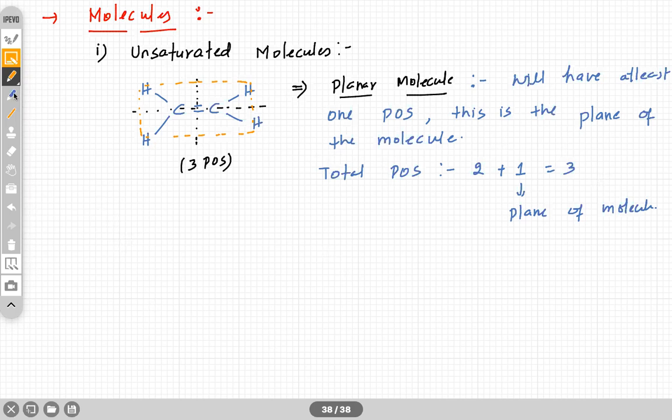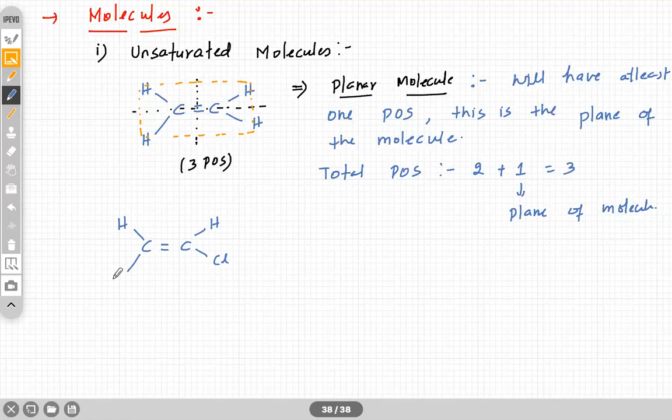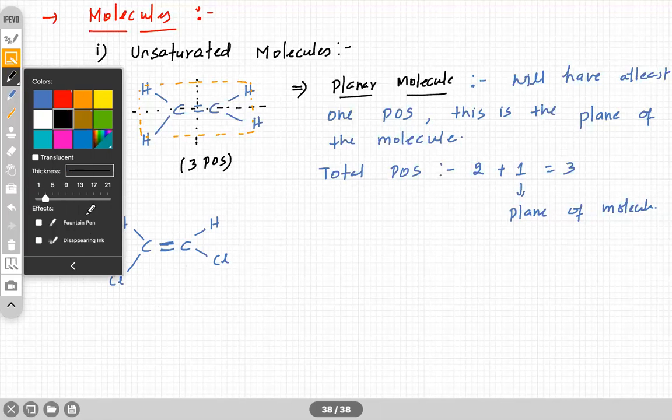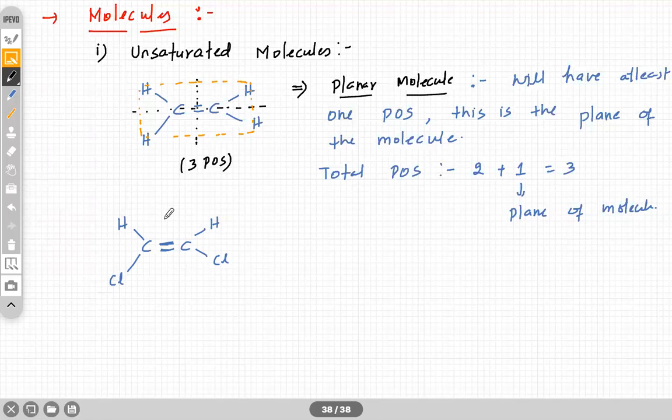Suppose we have a molecule C double bond C, with H, Cl, H and Cl, right? So could you tell me here, if you think of it, we have a plane of symmetry like this.